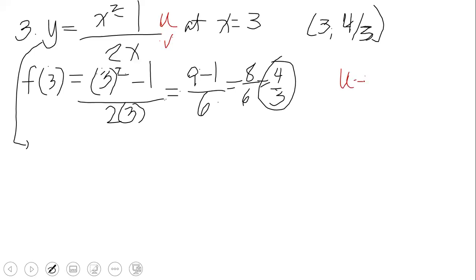So u is equal to x squared minus 1, and v is 2x. Let's differentiate the functions simultaneously. So you have du, which is 2x, and you have dv equal to 2.